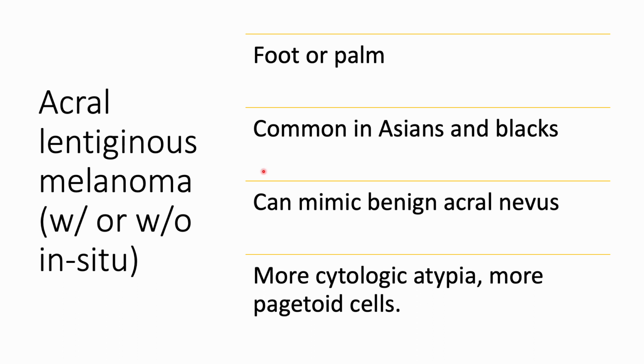When Asians and blacks have melanoma, the acrolentiginous melanoma is more common than in other parts of the body. Clinically, it can mimic a benign acral nevus, but histologically, there should be cytological atypia and pagetoid cells.